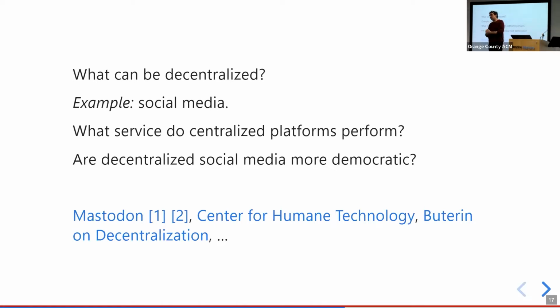Bitcoin shows that agreeing on transactions, creating a public ledger, can be decentralized. But what about social media? There are a lot of debates about what value social media actually contributes to society. Could a different form of organizing social media, maybe without advertising, for example, be an interesting architecture?